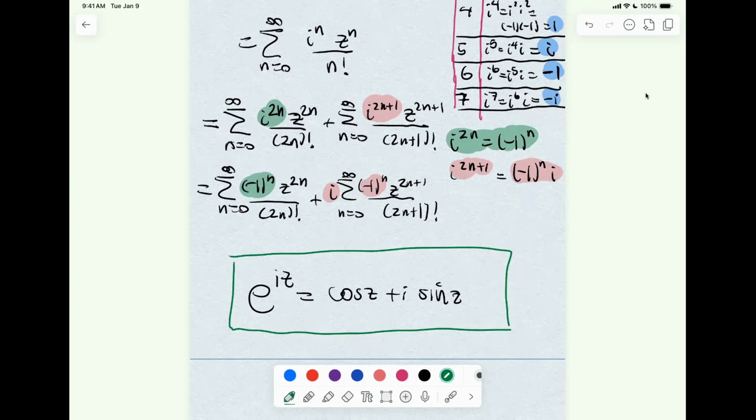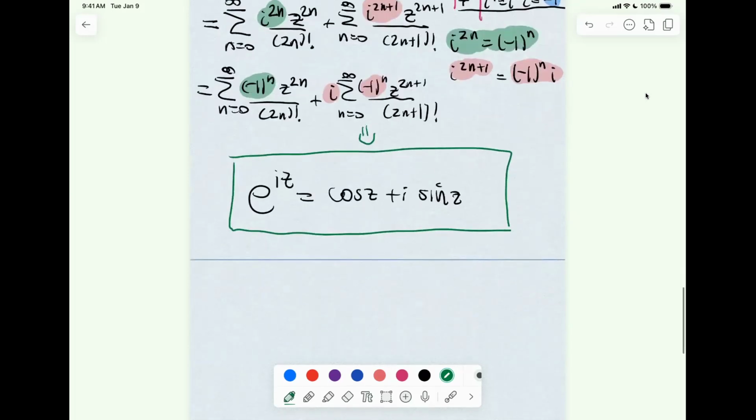Okay, so here let's take a useful instance of this formula. Here's an application of this formula, which allows you to relate complex numbers and polar coordinates in an even stronger way. So this is called the polar form of a complex number.